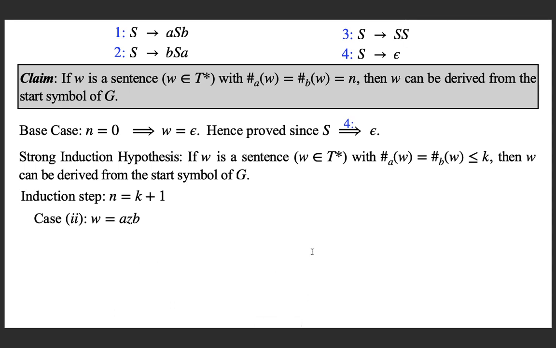Now for the second case, when W starts with A and ends with B, we will apply the first production as the first step.